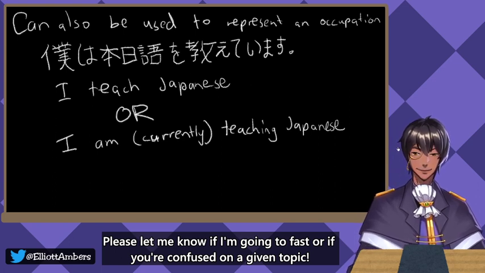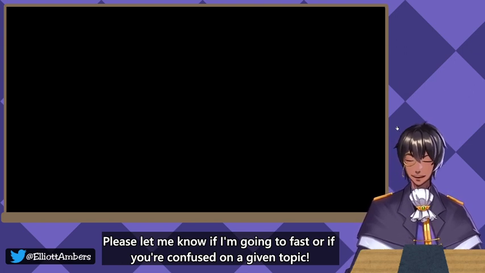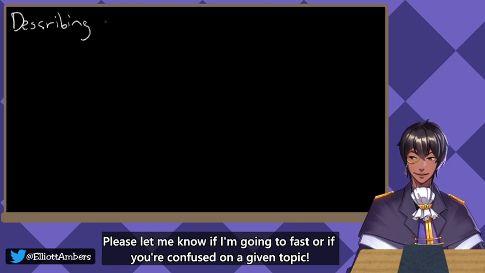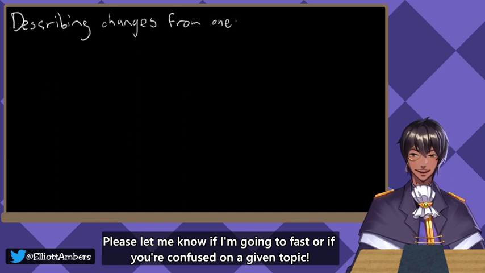The other kind of verb that we're going to talk about here is describing changes from one state to another.